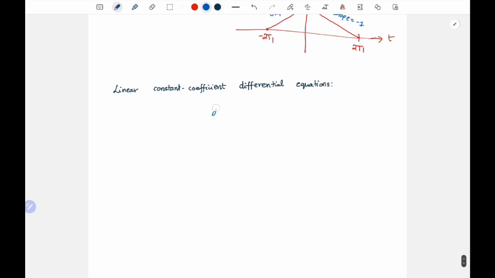So a good example is dy/dt plus y of t equal to some dx/dt, let's say dx/dt plus 4x of t. So what linear means is each of these terms, the degree, right?